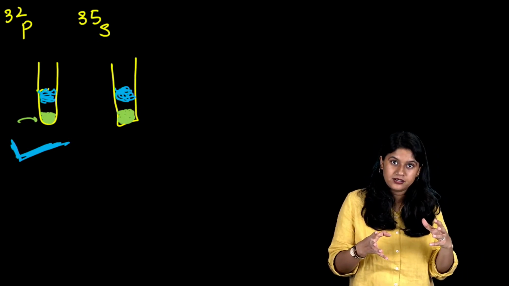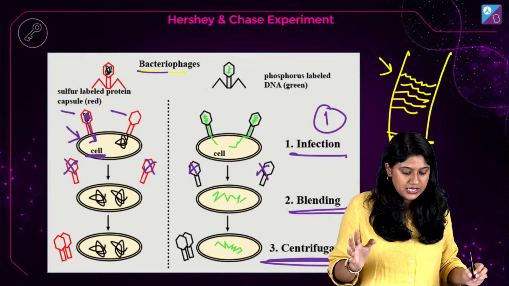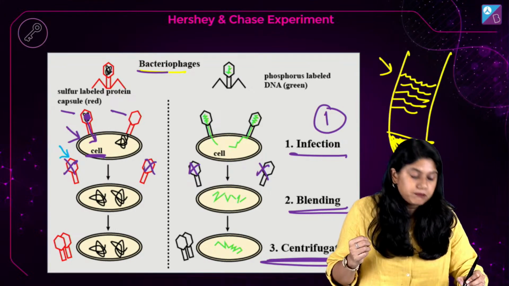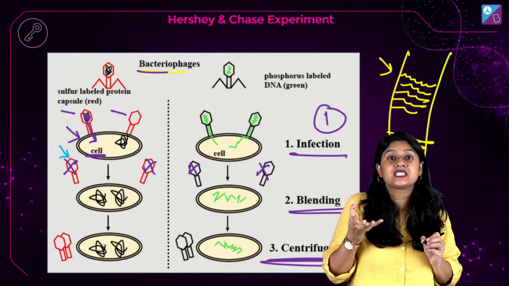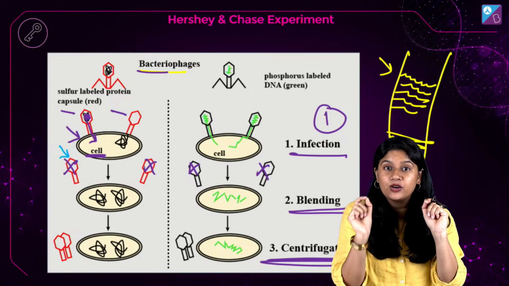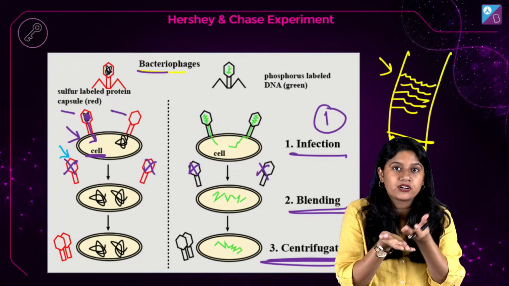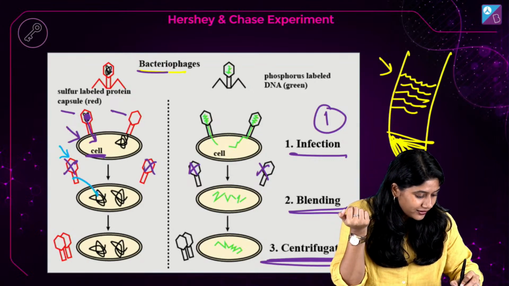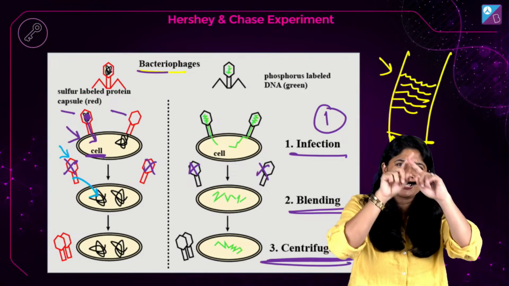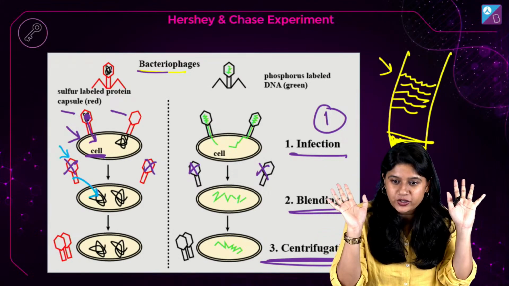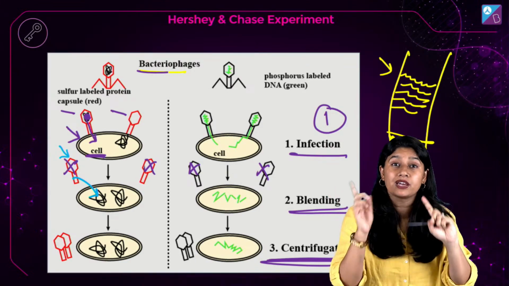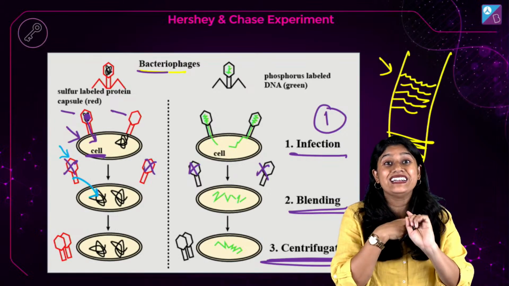That clearly means that during the infection, the bacteriophage which has the protein with the radioactive S, sulfur, could not come inside the E. coli. जो प्रोटीन का जो कोड था, जो प्रोटीन हमारा रेडियो एक्टिव था, वो अपनी इंफॉर्मेशन आगे ई कोलाई को दे ही नहीं पाया, क्योंकि इंफॉर्मेशन कहाँ से आ रही है? इंफॉर्मेशन आ रही है डीएनए से.